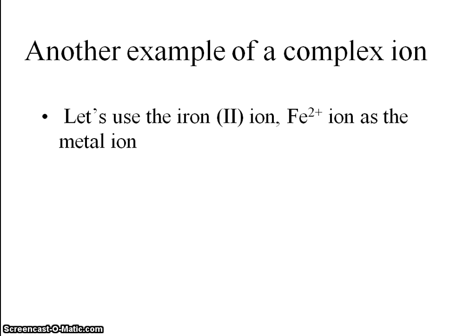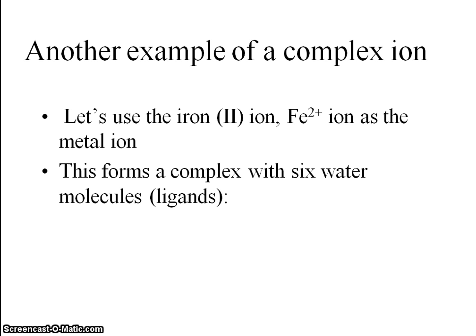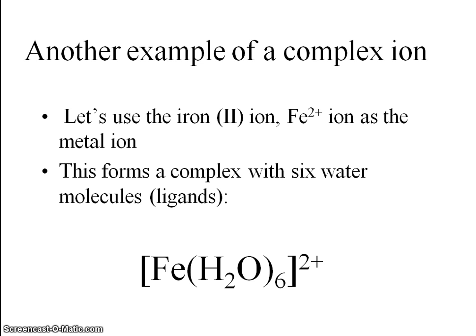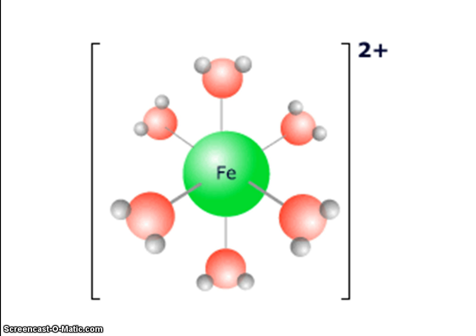Another example, let's use the iron 2+ ion as the metal. Again we'll use 6 water ligands. Much the same: the iron is first, then the 6 waters, and the overall charge 2+ again outside the bracket, since of course water is neutral.